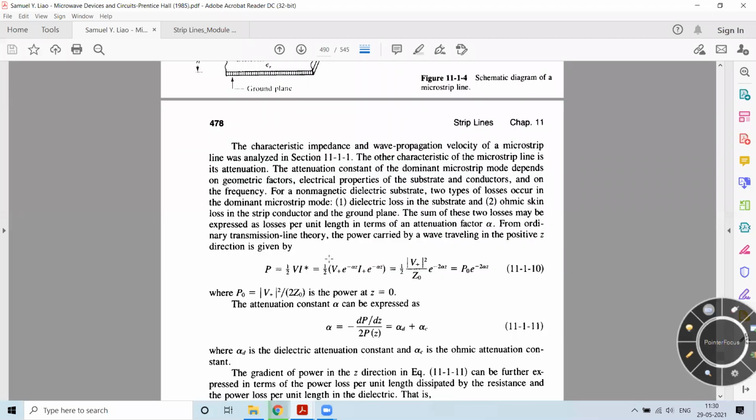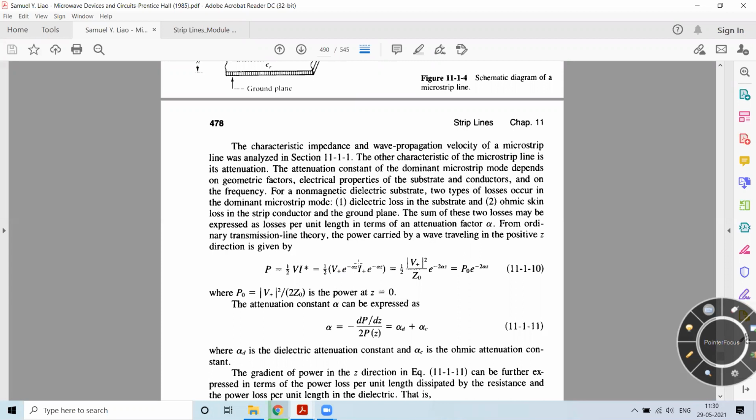We had represented the incident and reflected voltage and current parameters. In terms of incident parameters, it will be V plus, that is the incident voltage, into e raised to minus alpha z. This indicates that it is measured along the positive z direction.